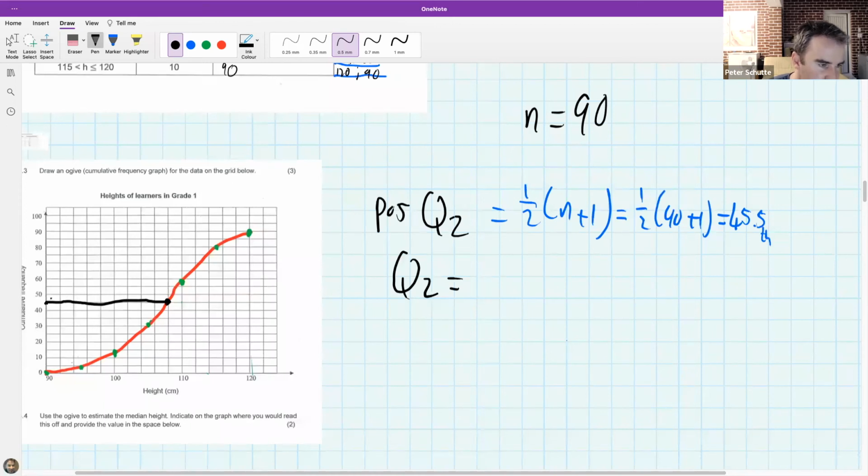And this is the position of the median. Now, to get my actual median, I need to drop a line straight down from that.